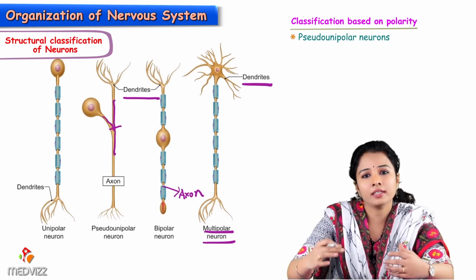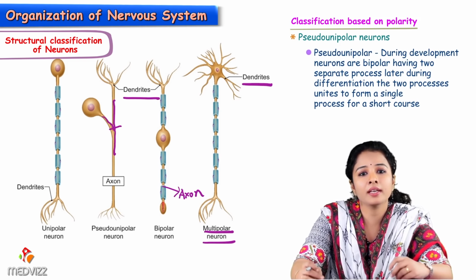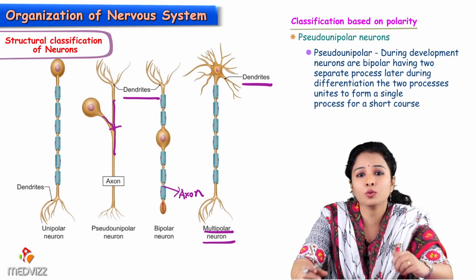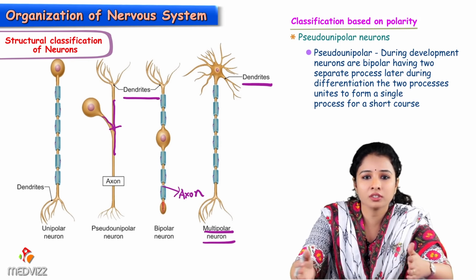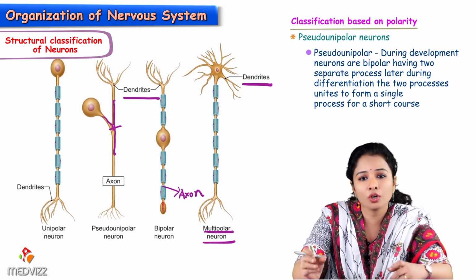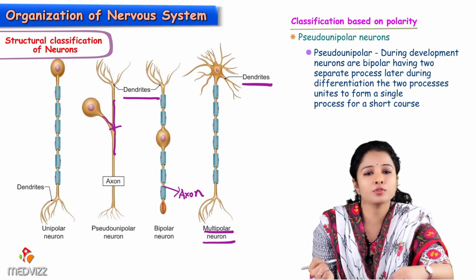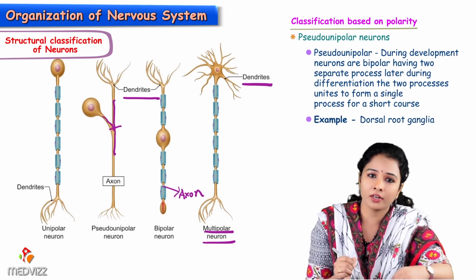It is called pseudo-unipolar because during development they are like bipolar, having two separate processes. Later, during differentiation, the two processes approximate with each other to form a single process for a short course. This kind of neuron is present in the dorsal root ganglion.